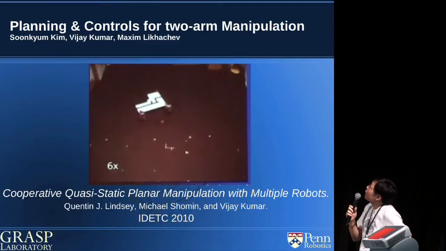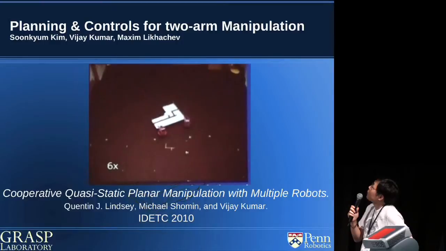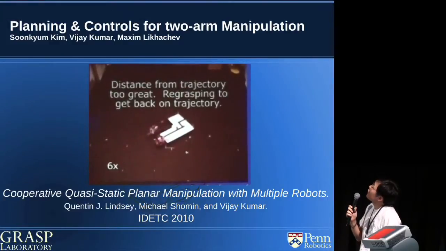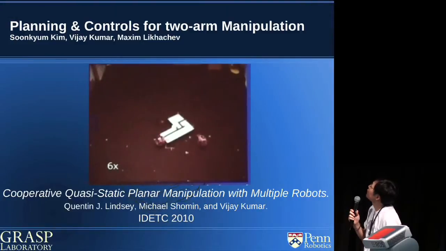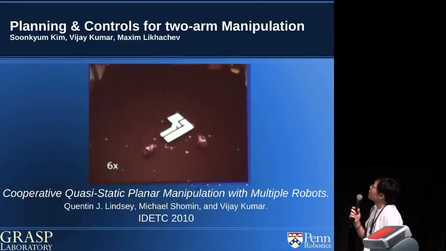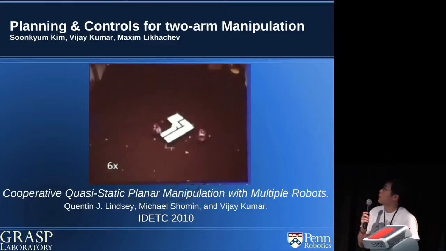So we just assume we can estimate the friction required to manipulate that object to follow the arc, and these two mobile robots just change their configuration so that it can compensate the estimated friction. So when it goes a little bit far away from the arc, it's just reconfigured, and then if it goes far away from the arc, it just keeps going.